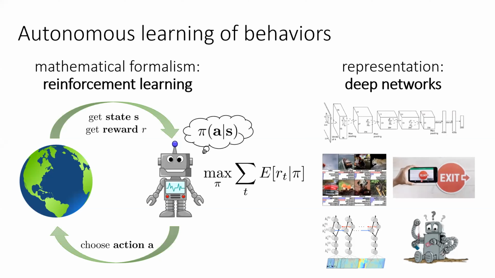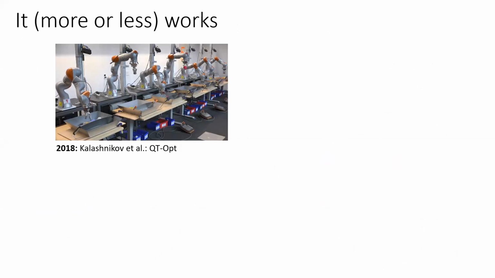At a very high level, this basic formula appears to work to some degree. It appears to do something useful. I'll show a few examples from my past work, although there are many other examples as well. Here's an example of a deep reinforcement learning framework that we developed a couple of years ago with colleagues at Google for robotic grasping. This was a system that could use images from an over-the-shoulder camera.